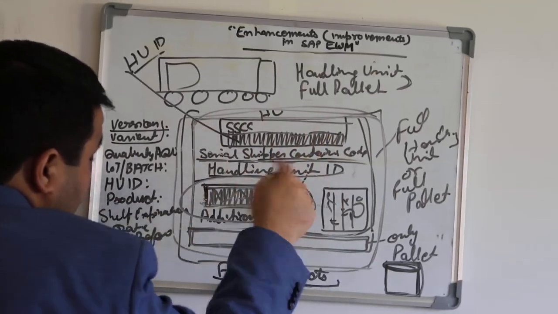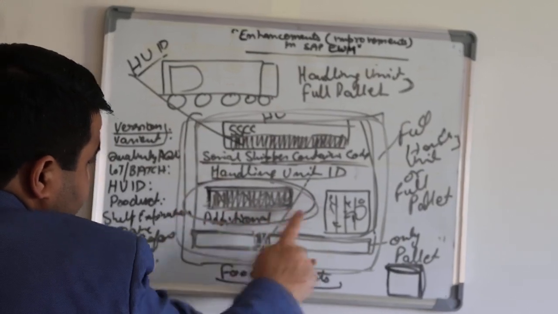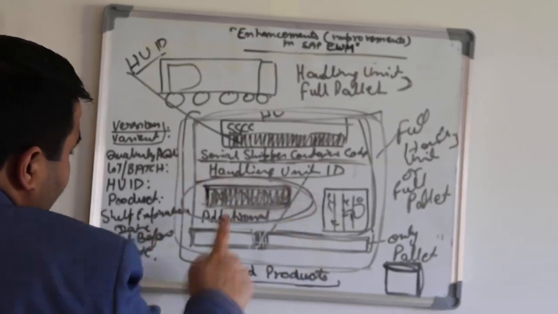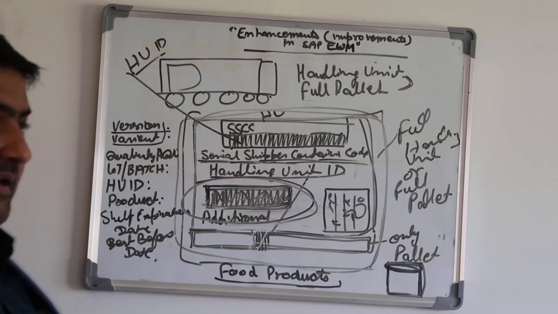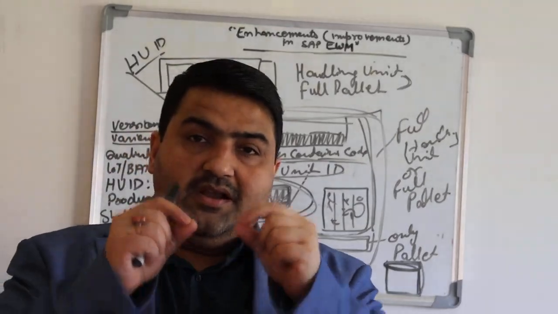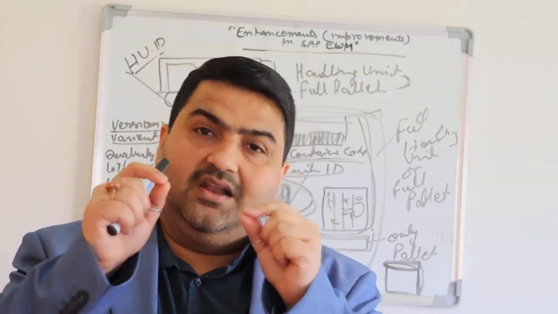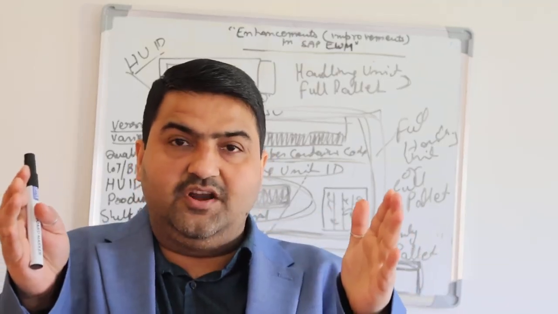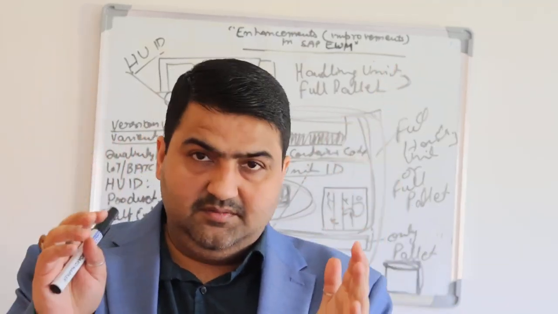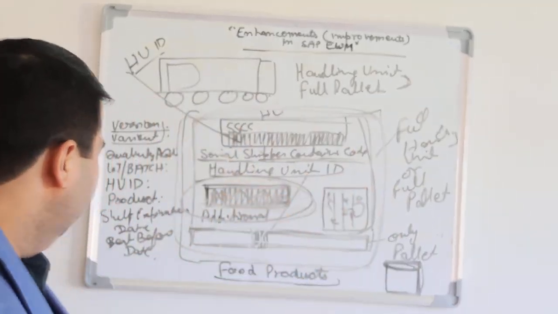But from last week we started receiving an additional barcode which contains the version and variant of the product. Variant contains the properties: when it was created, when it was manufactured, the color, the type. Like we have different variants of, for example, jeans or pants, different sizes, different types. So these are the variants.